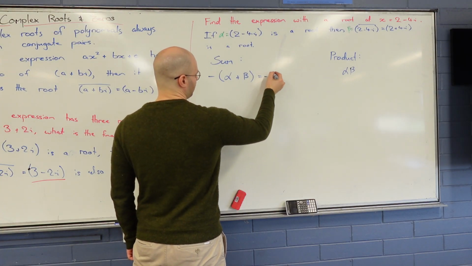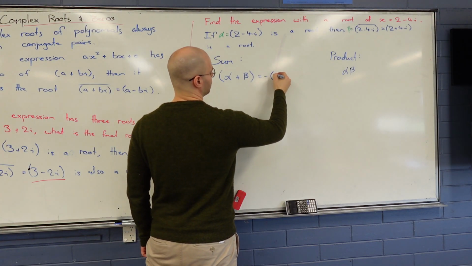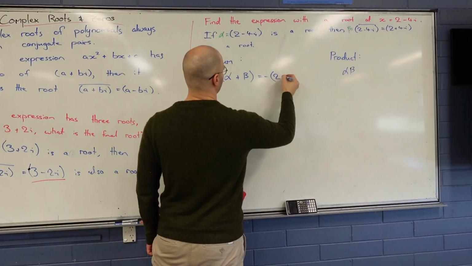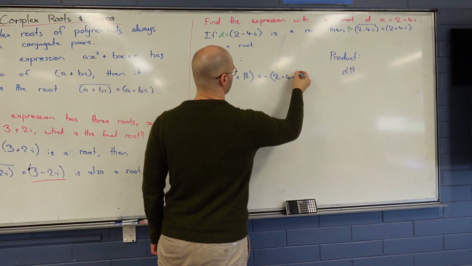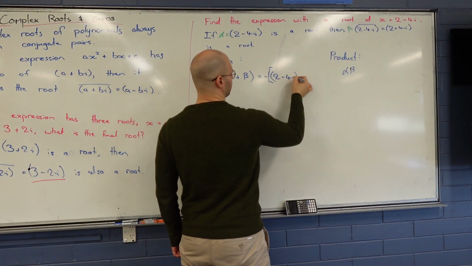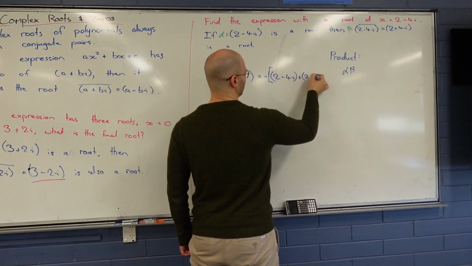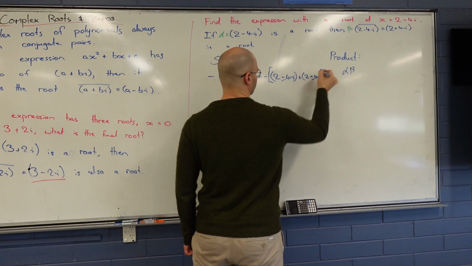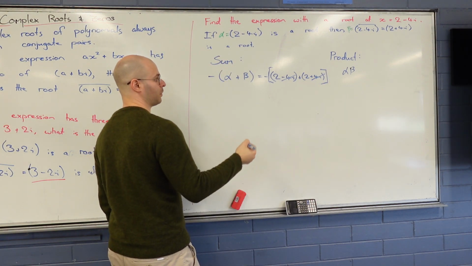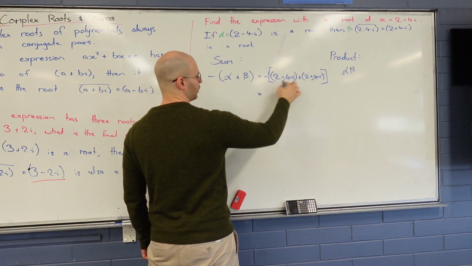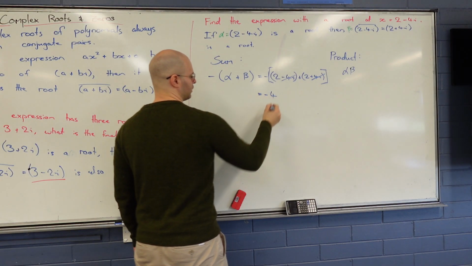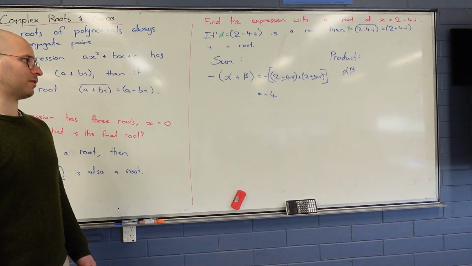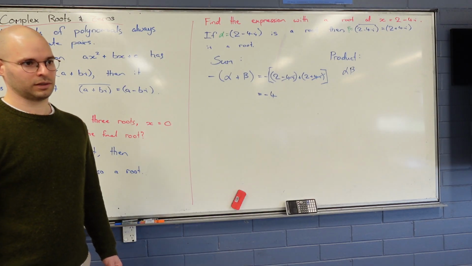Now, putting this together, the sum is going to be 2 minus 4i plus 2 plus 4i. The imaginary parts cancel out. The real parts get negated. So your sum is going to be negative 4.